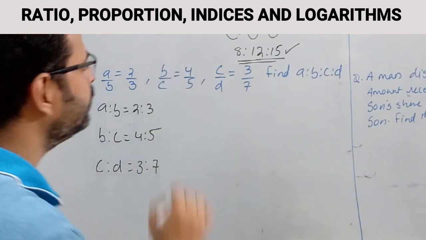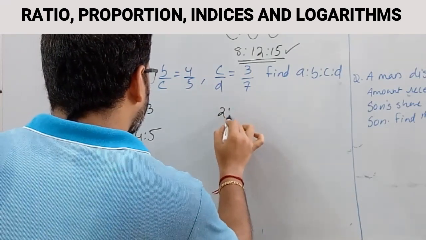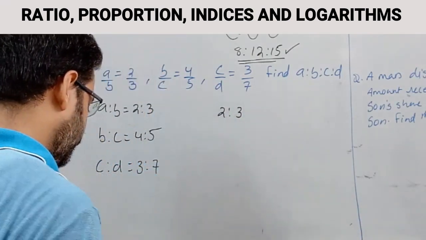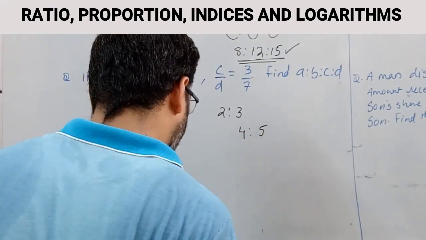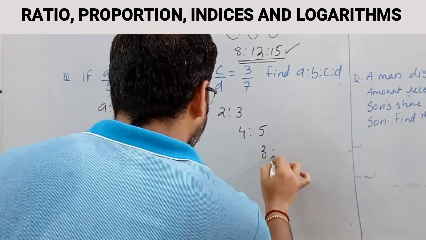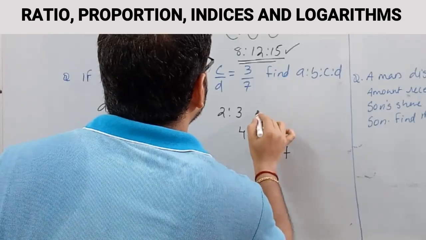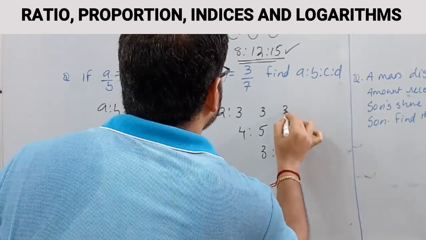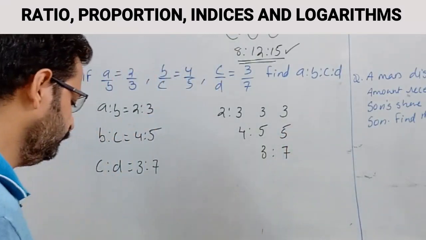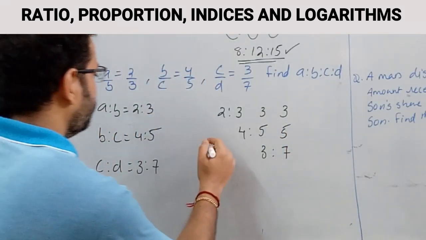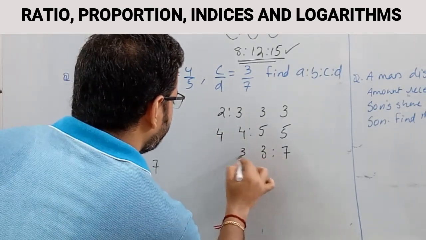Again use this shortcut to solve. 2 is to 3, then 4 is to 5, then 3 is to 7. Then 2 positions are missing, 3, then 5, here 1 position, 4, here 2 positions, 3.